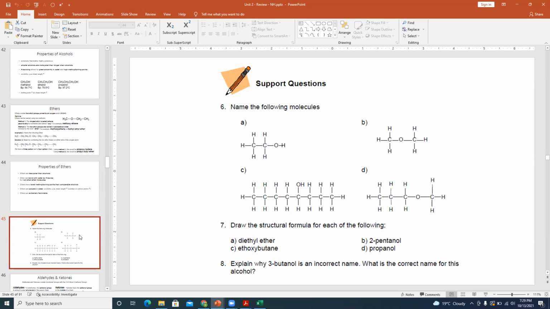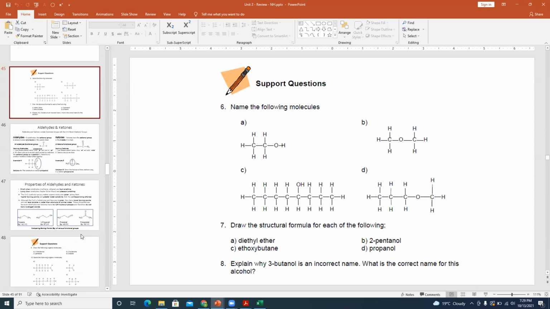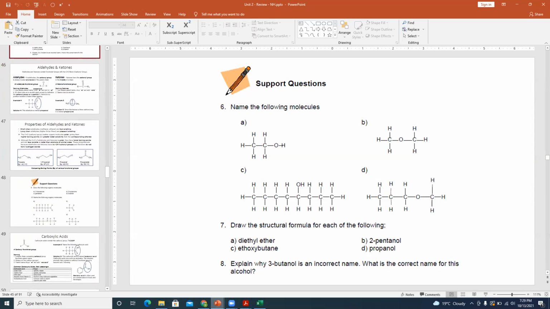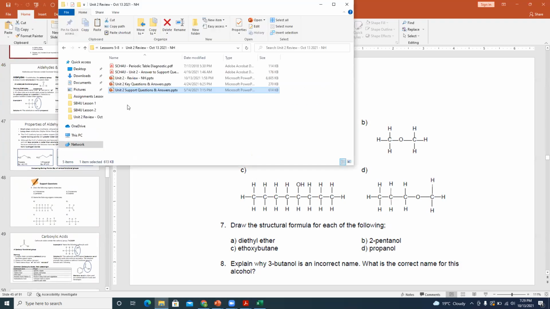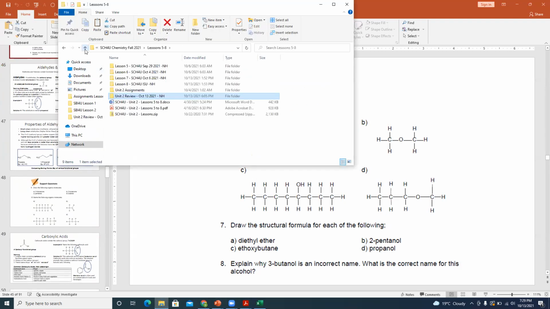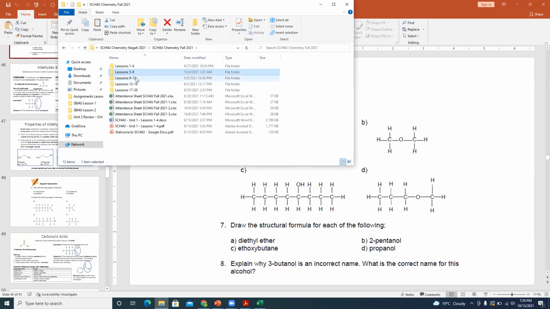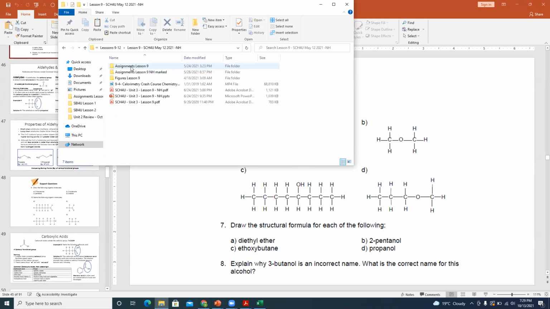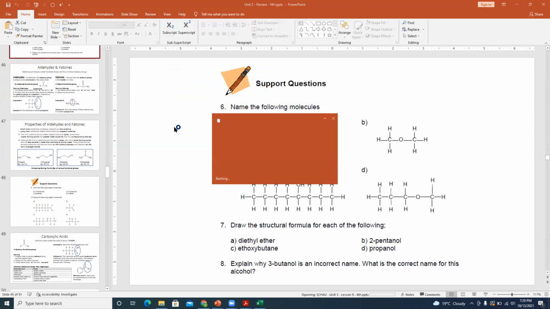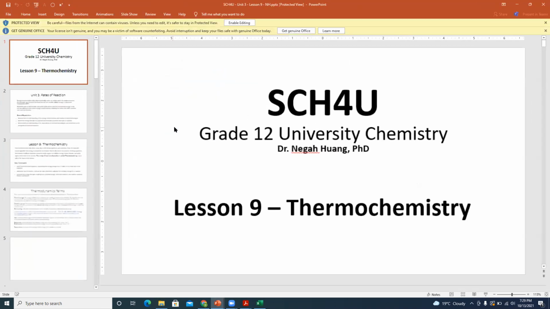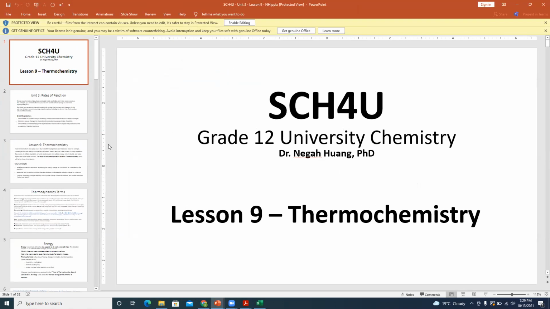So we have one more unit to cover that will start next week. The unit we will be starting next week is thermochemistry.